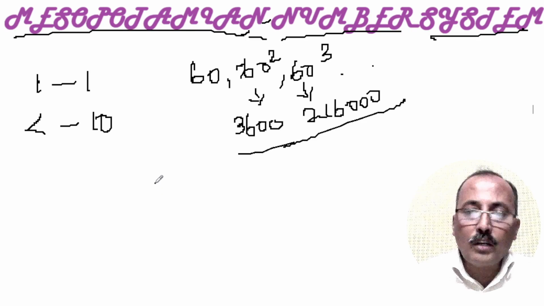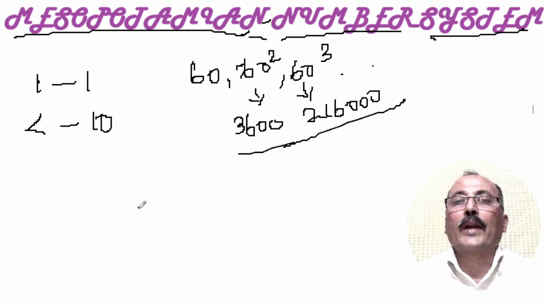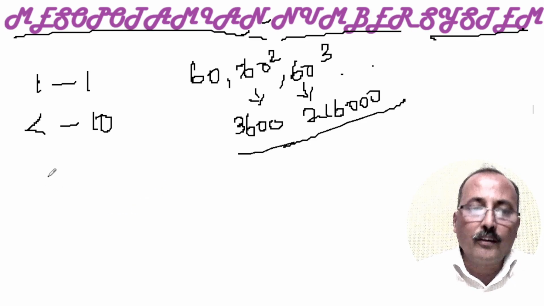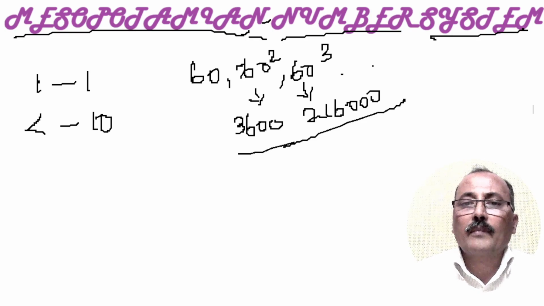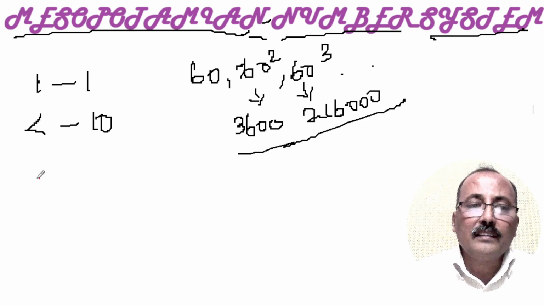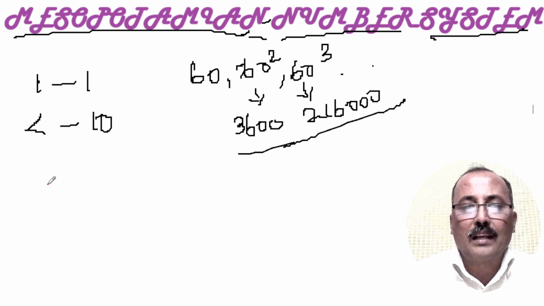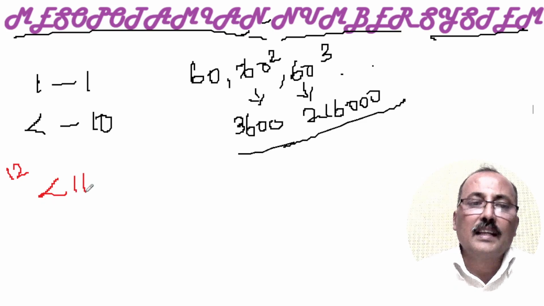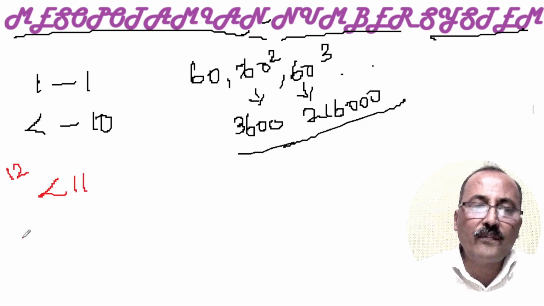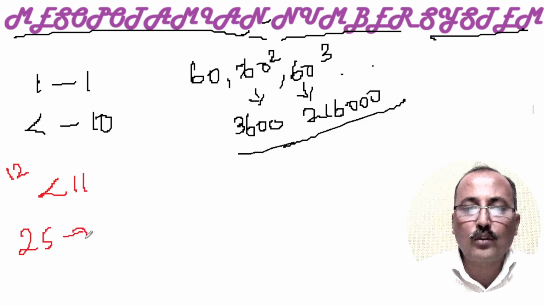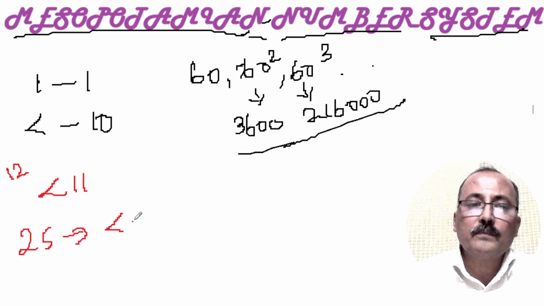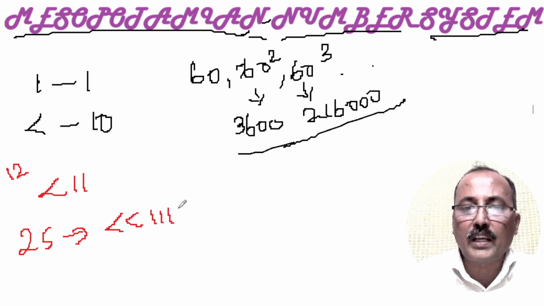Now we will go into the topic: how to write the numbers. First, let me write 12. If I want to write 12, you can write it as the less than symbol and then 1, 1. Now 25: how to write 25? Two less than symbols for 20, and 1, 2, 3, 4, 5.